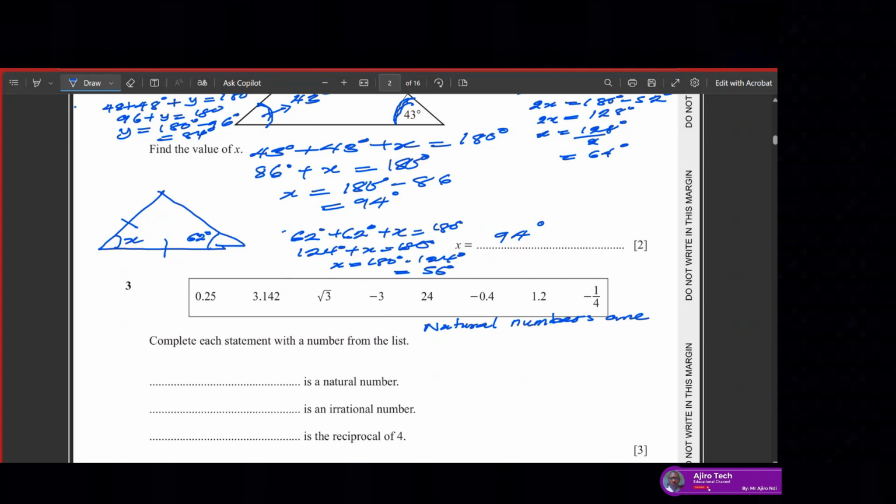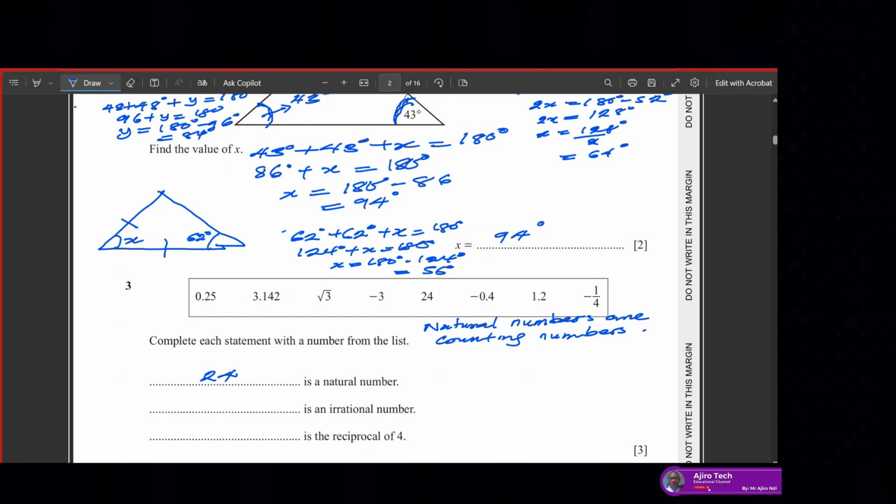Because it's not a counting number. Counting numbers are positive integers. So 24. Yes. Natural numbers are counting numbers. So you can put that down. Counting numbers. So 24.